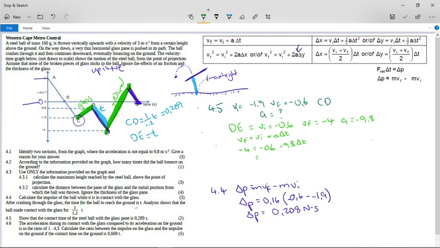So we end up with algebra, calculator. Delta t gives you 0,346 seconds. So this t for DE over here is going to be 0,346 seconds.